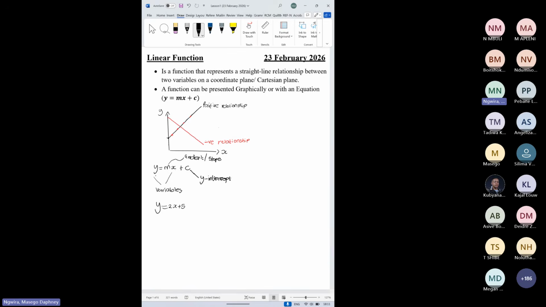And then now going back to the slope. So your m, which is the slope, they say the gradient, is equal to the change in y over the change in x. So if I have my Cartesian plane, I have 2 points on my graph.